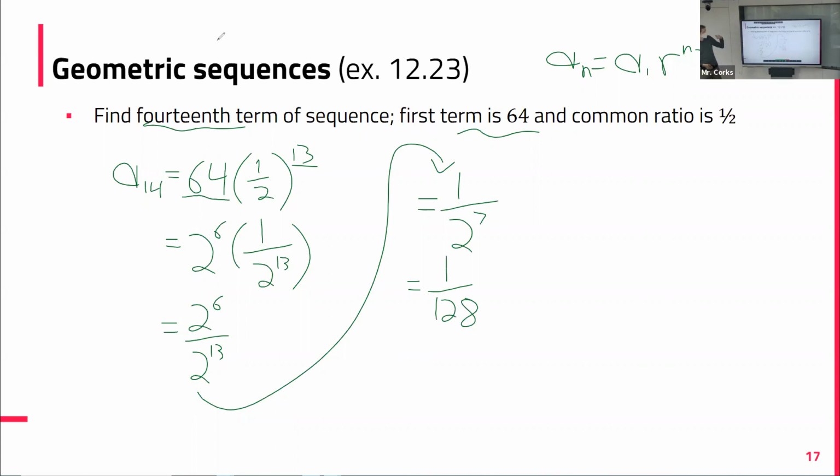If you are not really familiar with the powers of 2, so 2, 4, 8, 16, 32, up to at least 2 to the exponent 10, they're very common, very useful. There's some value to memorizing those, I would say. So there we have our answer. It's a nice fraction instead of 0.0 whatever.